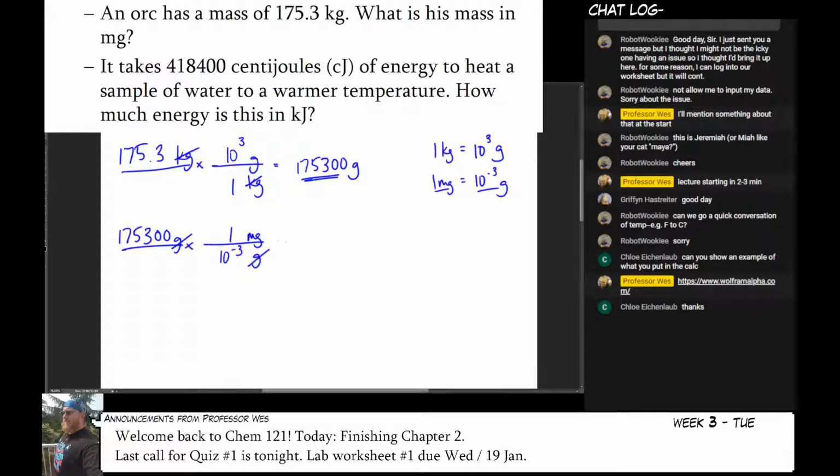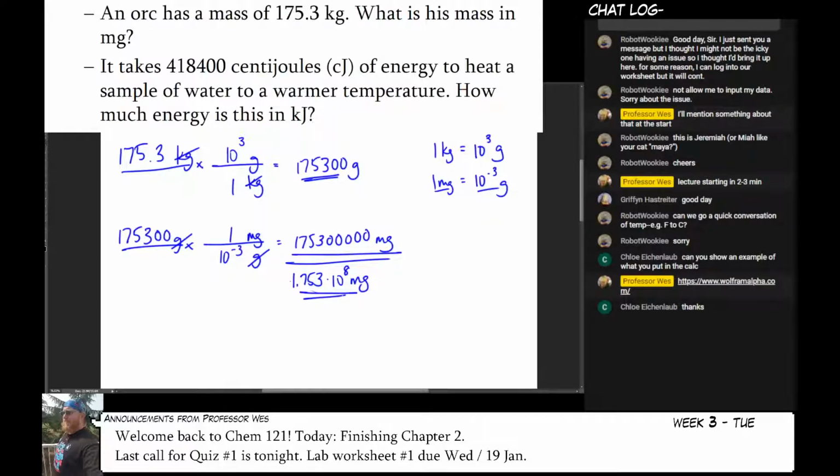And when you punch that in the calculator, oops, my 3 disappeared. Wow, it's not liking 3s for some reason. If you like scientific notation, there's your answer.